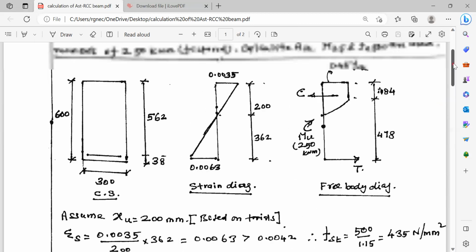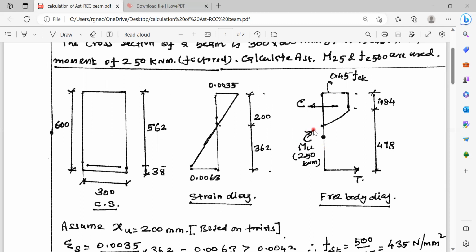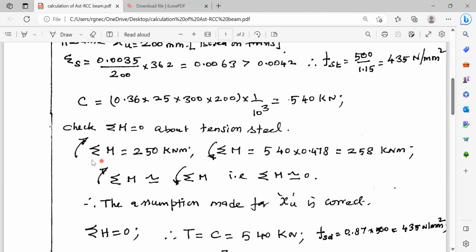You can see here. External moment is acting in the clockwise direction. Internal moment is in the anti-clockwise direction. So clockwise moment is 250 kilonewton meter. Anti-clockwise moment is C into 478 mm. C is 540 kilonewton. 478 mm, you convert it into meter, 0.478. That is coming to 258 kilonewton meter.